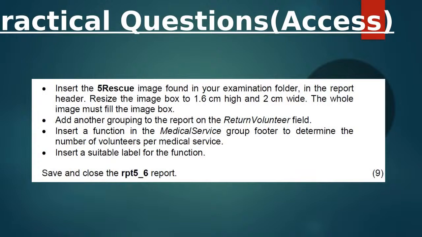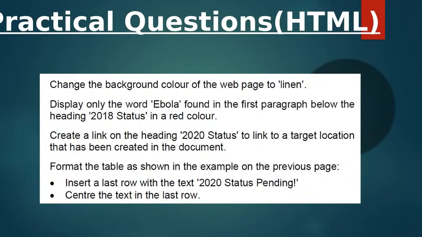Now, when they use this language and they say insert a suitable label, you can type in anything you want to in terms of that label, as long as it's relevant to the function. Okay, so that's why they say a suitable label, and you save it and close it, and that's how you'd get your 9 marks. So guys, this is why do the first thing, save it. Do the next thing, save it. All right, and you'll be fine.